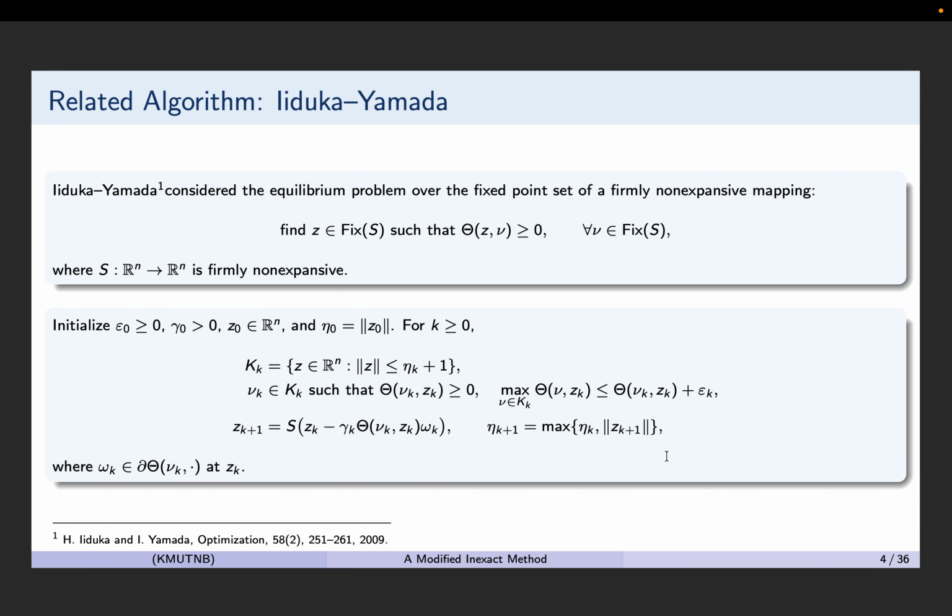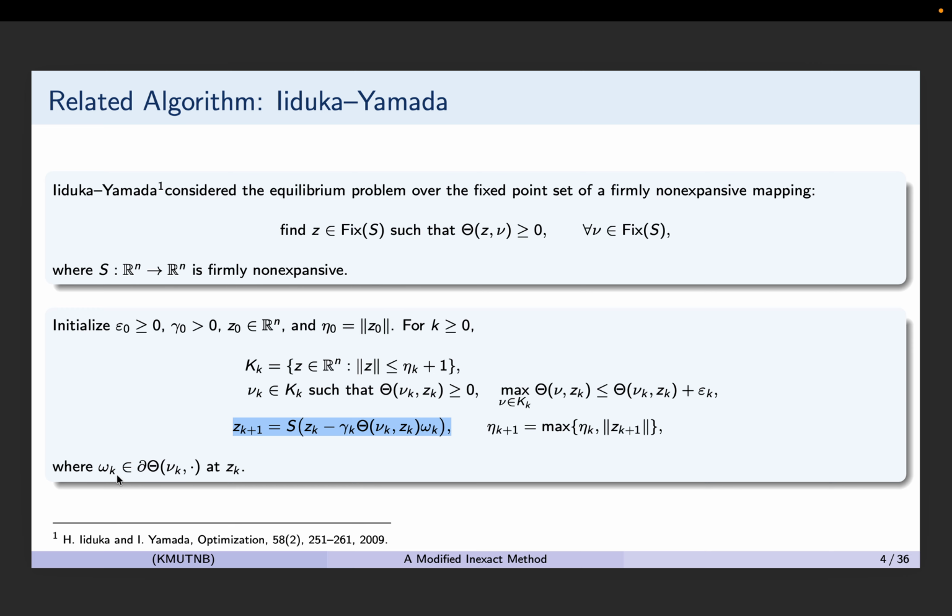So before I continue, I will mention some of the related literature. Iiduka, in optimization, proposed the following algorithm. You can see here the constraint set for his problem is the set of fixed points of a firmly nonexpansive mapping S. The algorithm follows like this: you initialize, you choose sequences in K such that this is satisfied, and you provide the update in this form, where eta k is the step size defined by this.